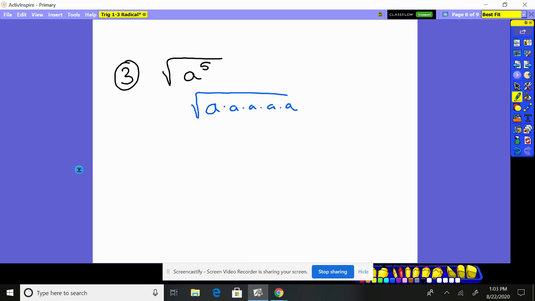Well, do we see any pairs? Yes, here's a pair, so it comes out. Here's a pair, so it comes out. So you have an a and an a that comes out. So what we're going to be left with outside is an a squared. And then left on the inside, we do have a single a still left behind. So the square root of a to the 5th simplifies to a squared times the square root of a.